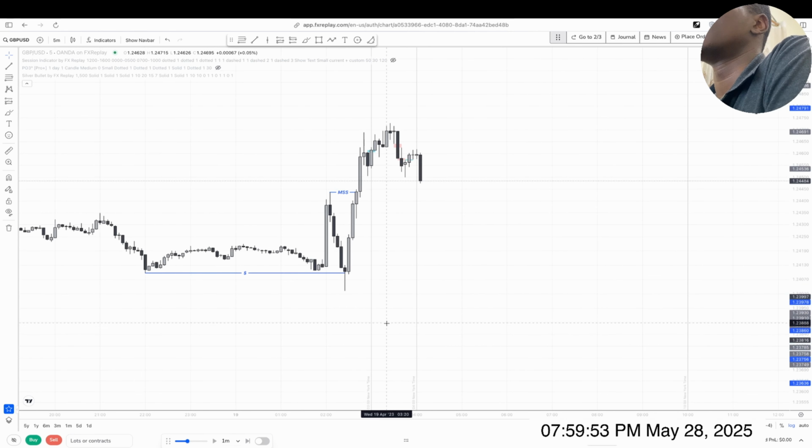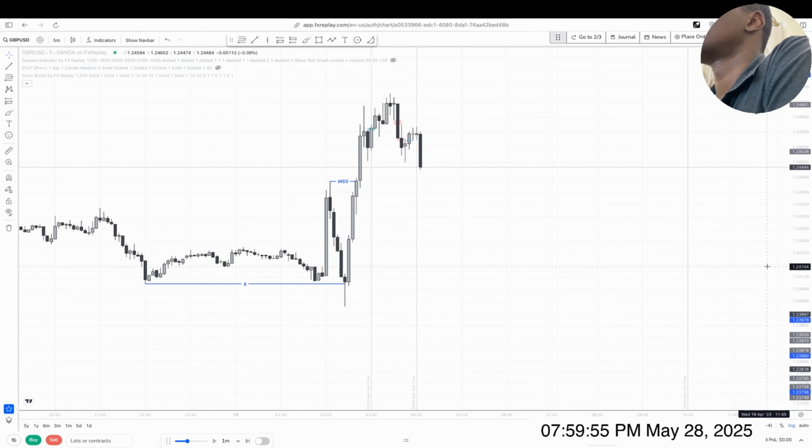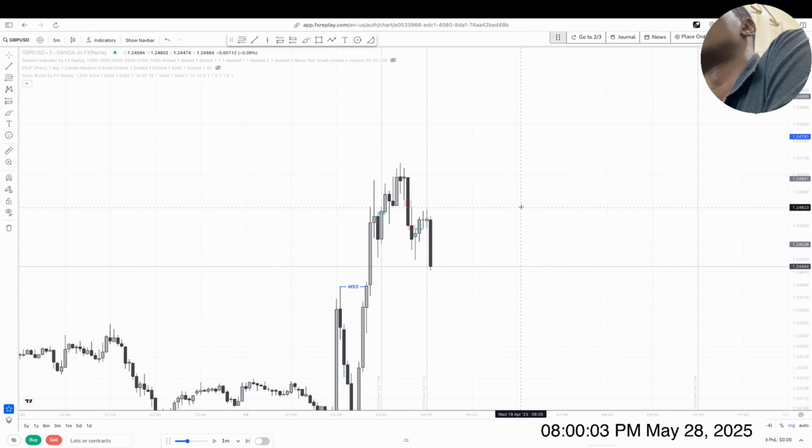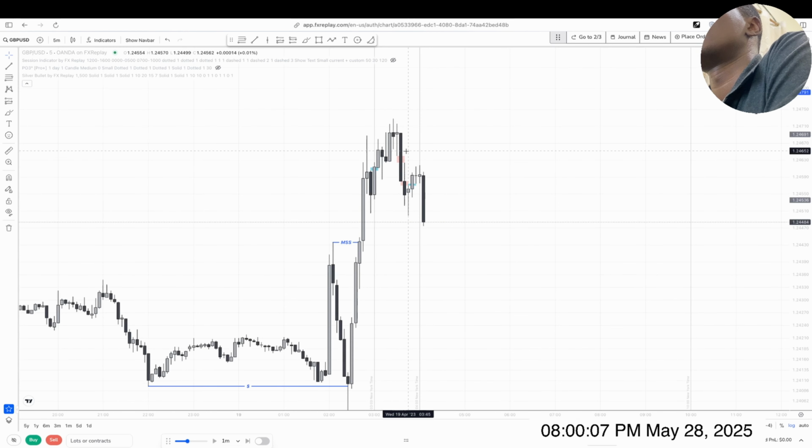You can see that we targeted the gap below. So we didn't retest this one. We just wanted a retest to this one, then we push high, push lower.